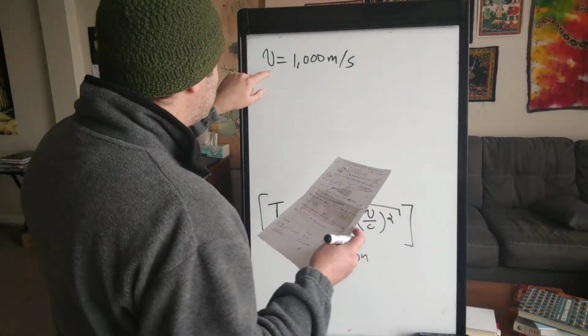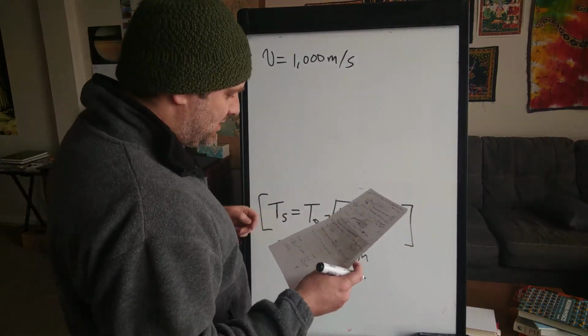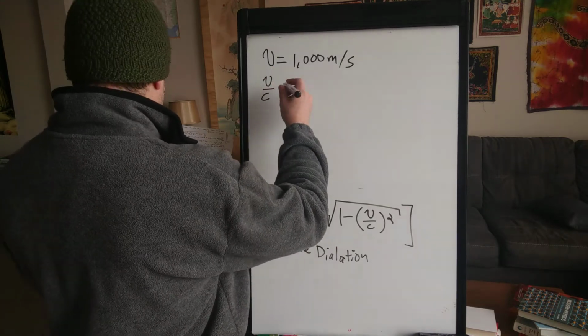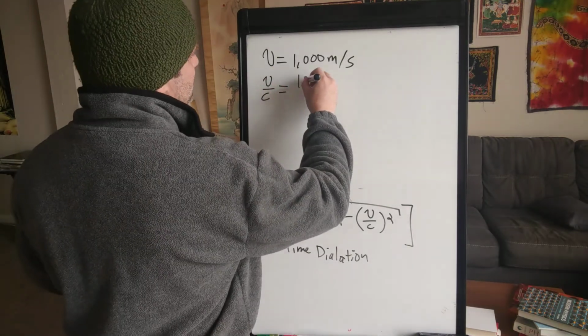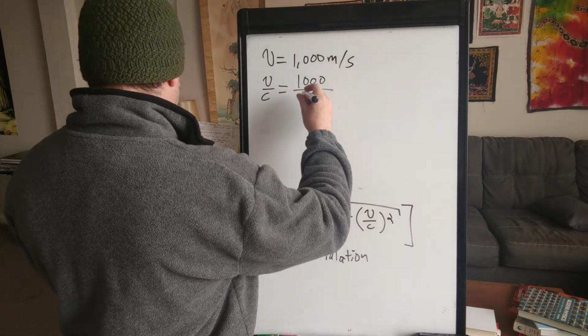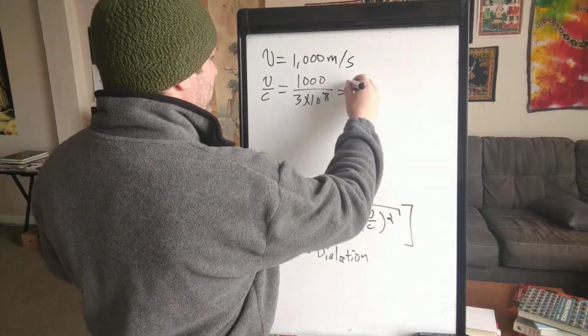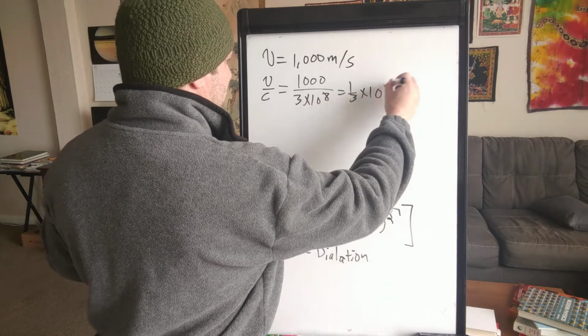Okay. So what happens if we plug in 1,000 meters per second into this equation here? Well, we've got this v over c. So v over c, I've got 1,000 divided by roughly 3 times 10 to the 8th. And then this is 1/3 times 10 to the negative 5.